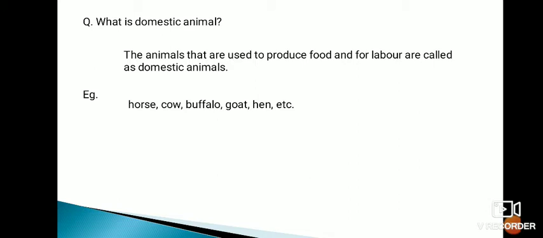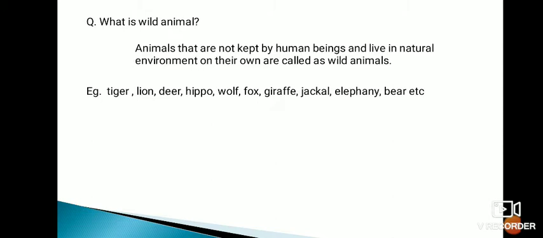During olden days horses were used for wars. So there were many uses of horses, okay. So for our own purpose, that is for labor and for getting food, we use animals. And when we use these animals for our own purpose, then these animals are domestic animals, because we keep them. Understood? Let's move to the next slide.